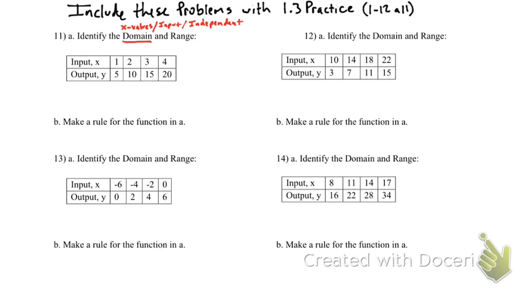Your range, on the other hand, is your y values, or your outputs, or your dependent variable. So again, these are all the same idea, just different names to them, okay?